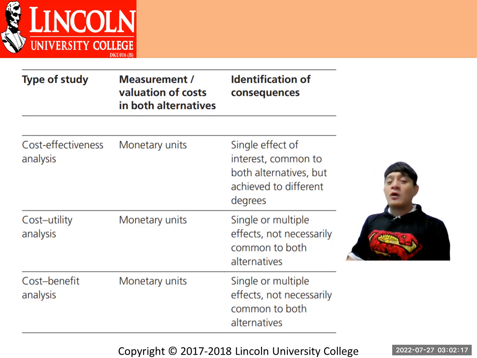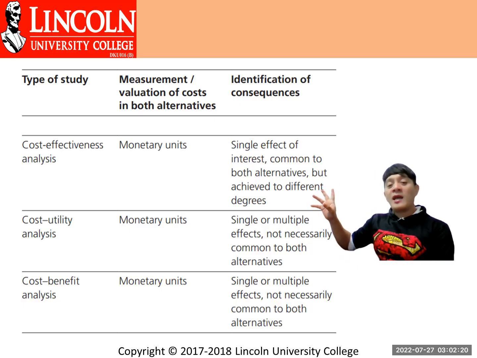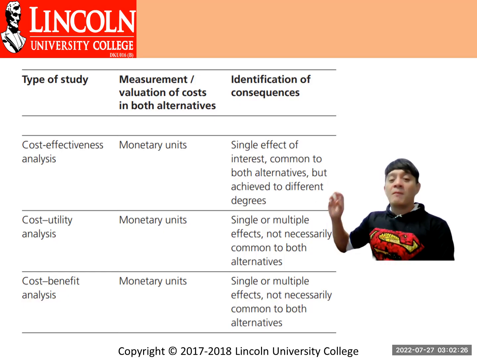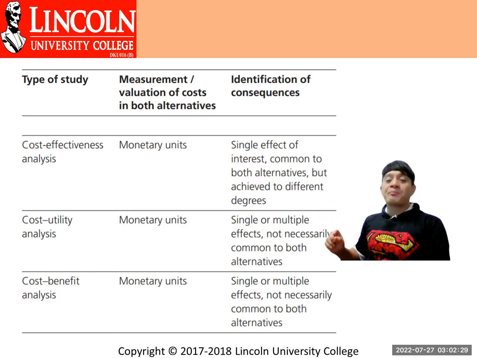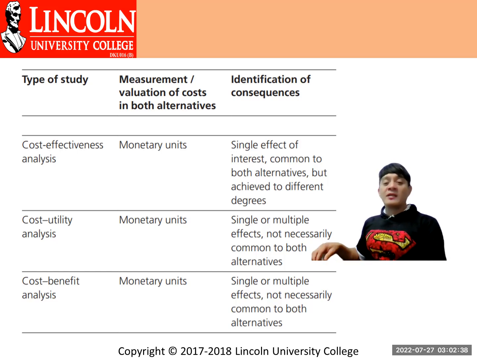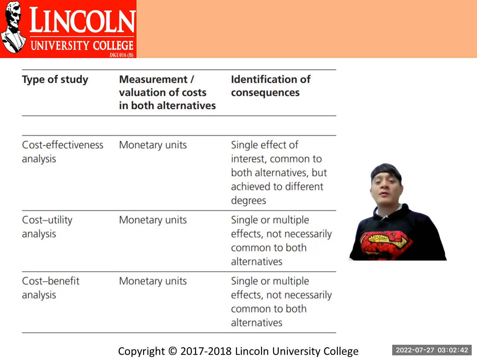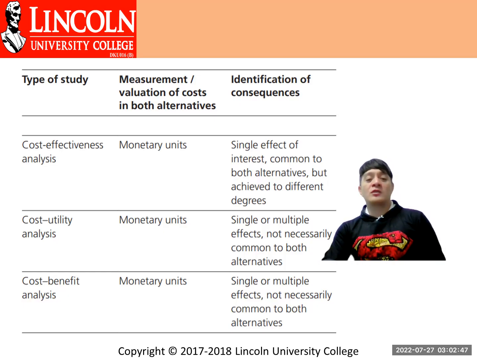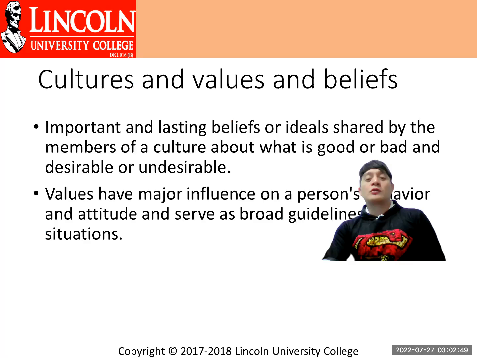And for the identification of consequences, the CEA has a single effect of interest, common to both alternatives but achieved to different degrees. While the cost utility analysis has single or multiple effects, but not necessarily common to both alternatives. And lastly, the cost benefit analysis also has single or multiple effects not necessarily common to both alternatives. Those are the identification of consequences.